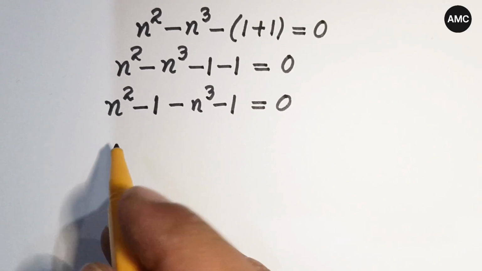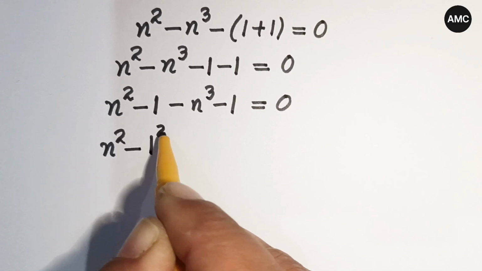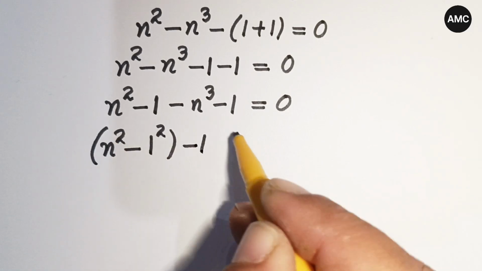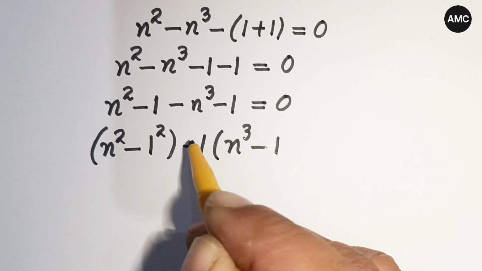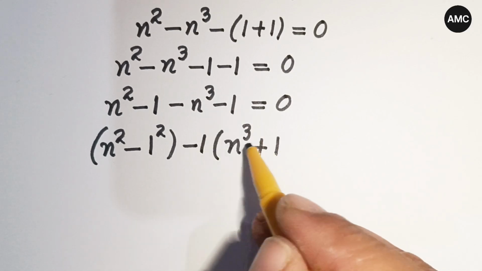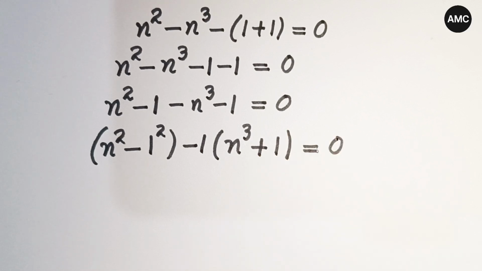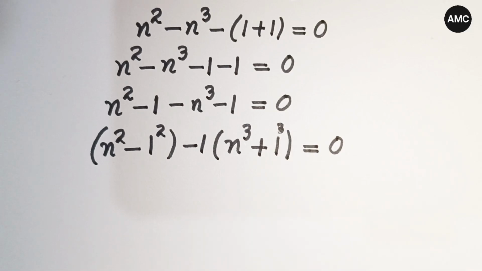So n squared minus 1, this 1 can be written as 1 squared, so it is our first group. And similarly, if we take minus 1 as common, inside the bracket we have n cubed minus 1, this minus times minus is plus, so n cubed plus 1 is equal to 0. Now this 1 can also be written as 1 cubed, which is equal to 1.